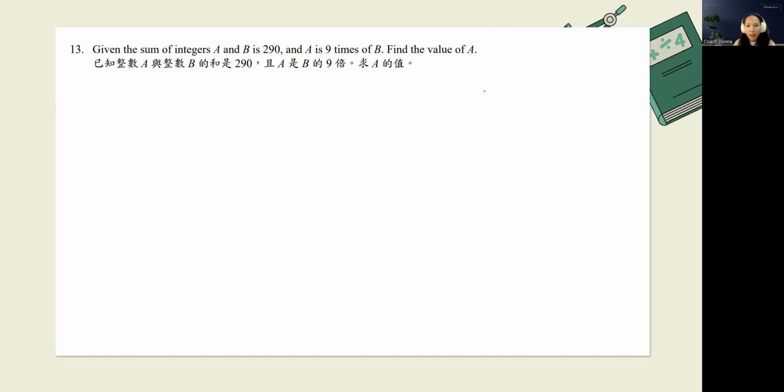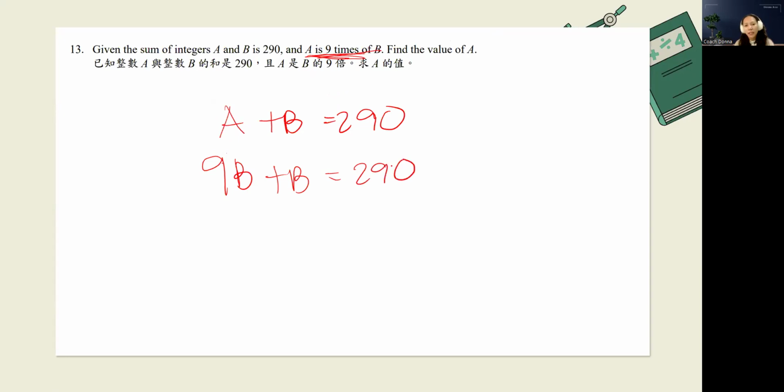Okay, let's have a plus b is 290, right? And then, a is 9 times of b. So you can just write 9b right here instead of a. Because of this statement right here, a is 9 times of b. Plus b is equal to 290.